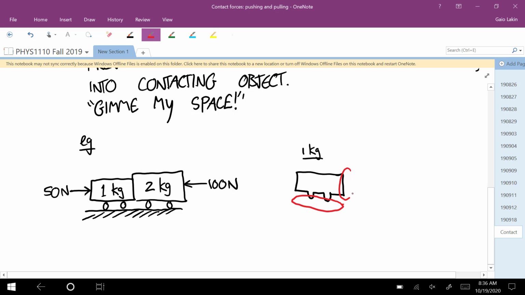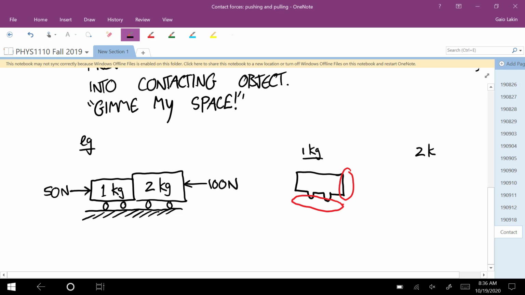And here because the object on the right is keeping our cart from crossing the boundary into it. Okay, give me my space. They're separating from each other.